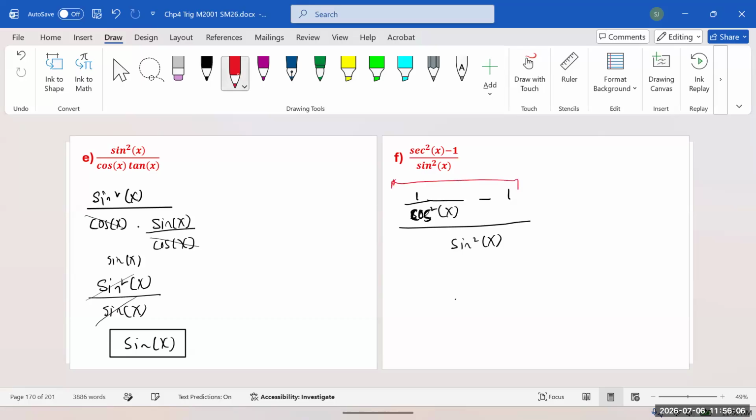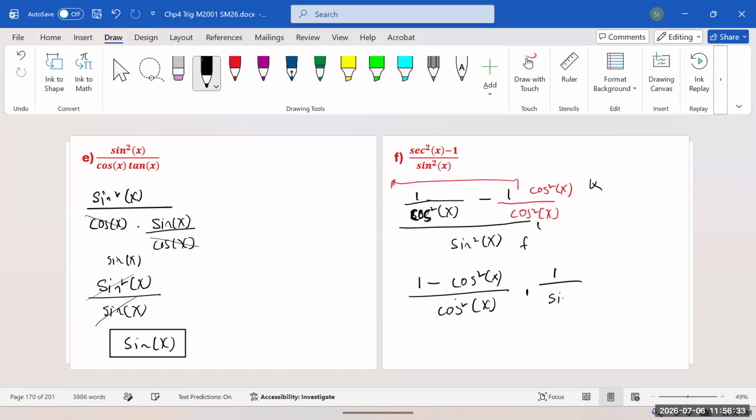What do we need when you add a fractions? So what is our denominator here? So I multiply numerator and denominator by cosine squared. So we get 1 minus cosine squared divided by cosine squared x. So keep, change, flip. This becomes 1 over sine squared x.